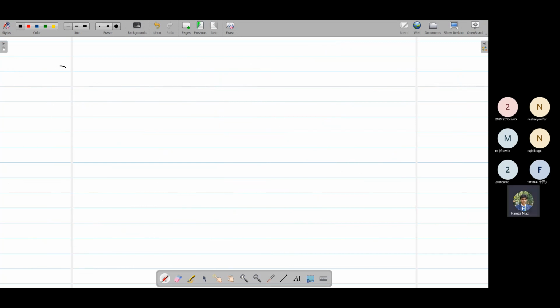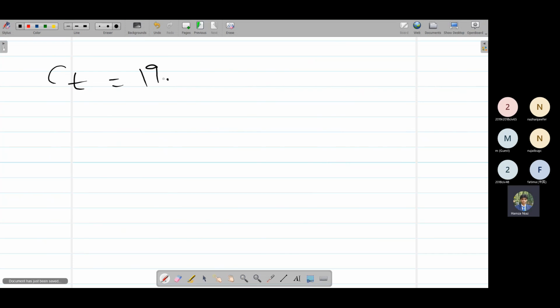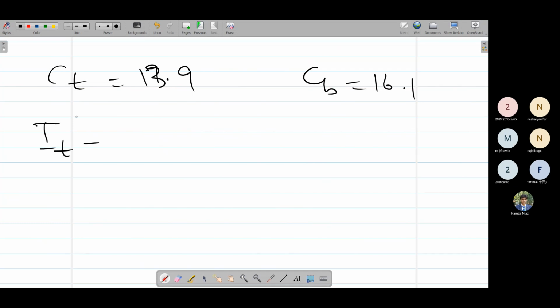After that, we have CT, given as the distance from the neutral axis to the top fiber, as 13.9, and CB to the bottom fiber as 16.1.